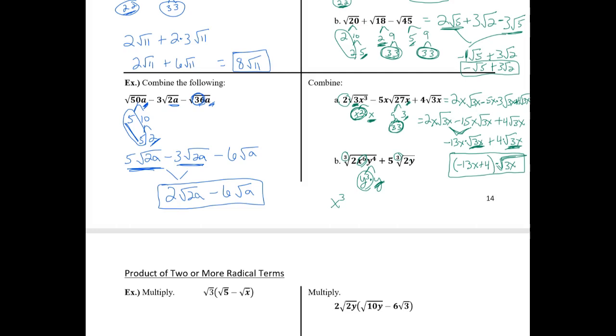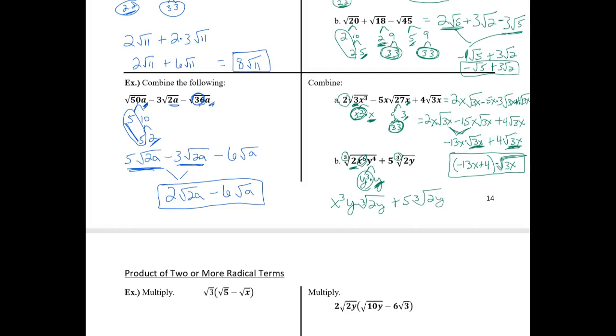The cube root of y cubed, we're cubing it, and then we're taking the cube root, we end up with just y. What's left underneath that cube root? A 2 and a y.